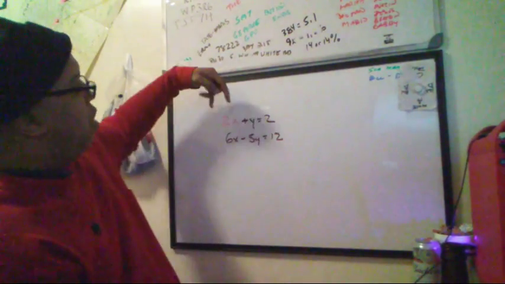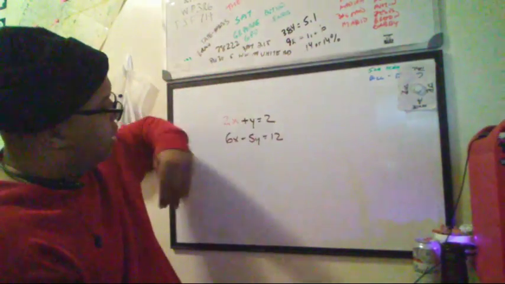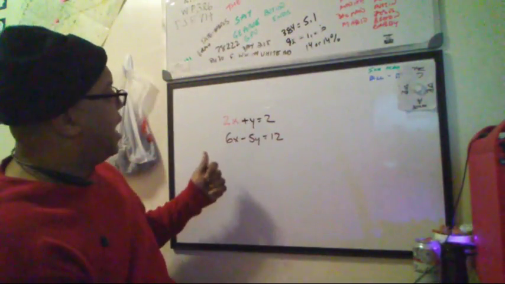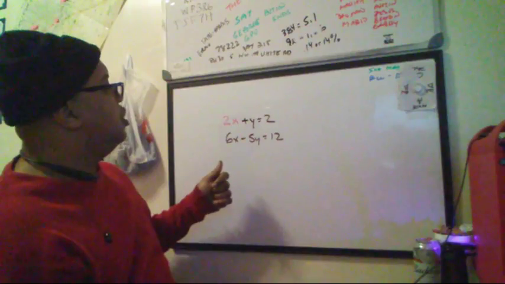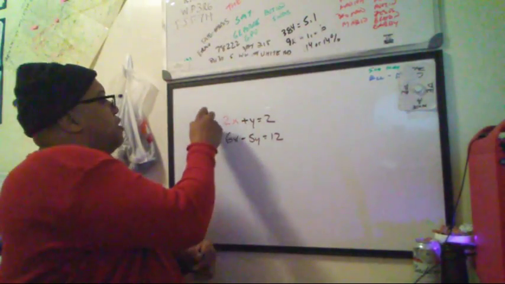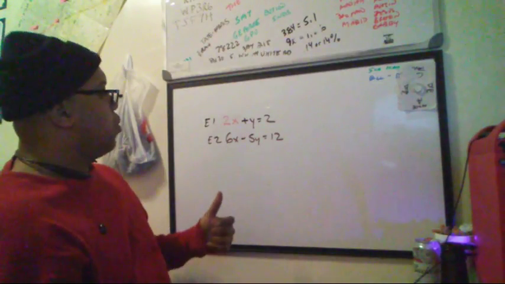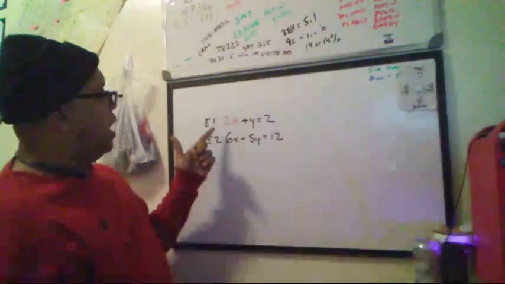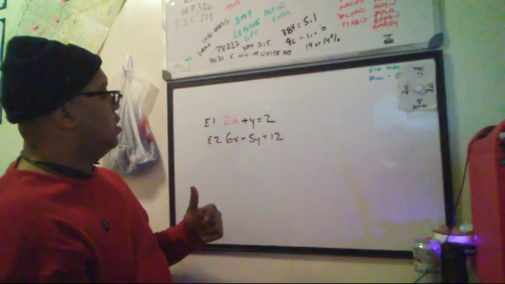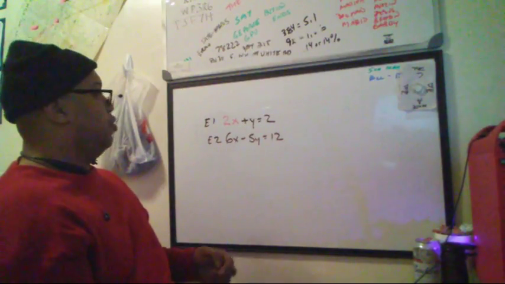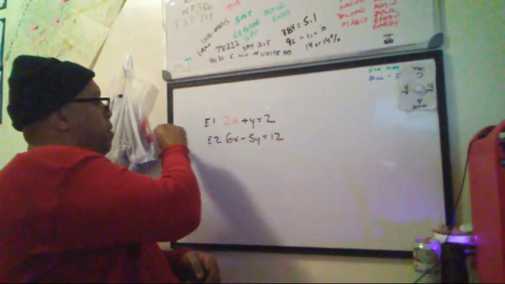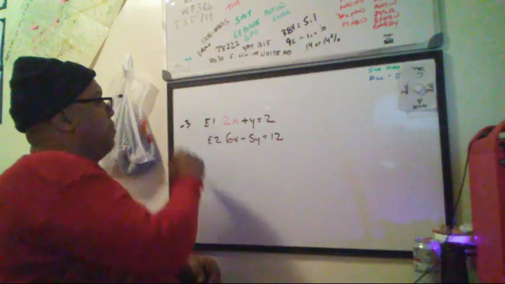Now, when we do our addition vertically, nothing is going to cancel out. So what I can do is, and we'll call this equation 1 and we'll call this equation 2, I can manipulate one of the equations. I'm going to manipulate equation 1. How am I going to do that? I'm going to multiply each term by negative 3.